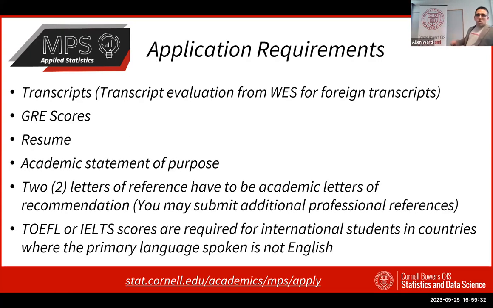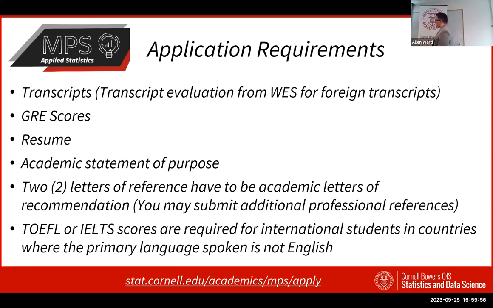So the application requirements: we need your transcript. We do still do GRE scores for our program. It's a really good indicator to see the analytical strength of students that are applying to our program. We also ask for your resume. There's an academic summary of purpose, and the grad school also has a personal essay that they've implemented into the graduate school process.